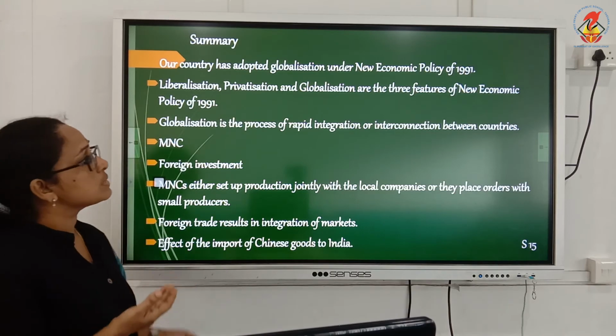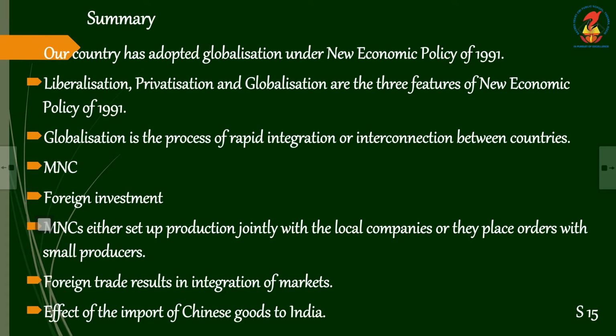Globalization is the process of rapid integration or interconnection between countries. The 2 terms that we discussed in globalization, children, are MNC and foreign investment. A multinational company is one that owns production units in more than one country. What is foreign investment? Investment made by an MNC.